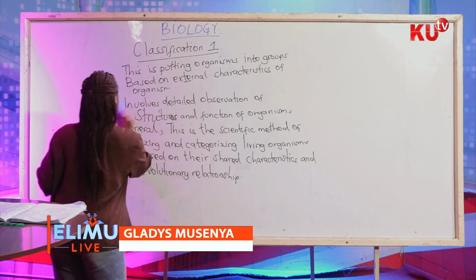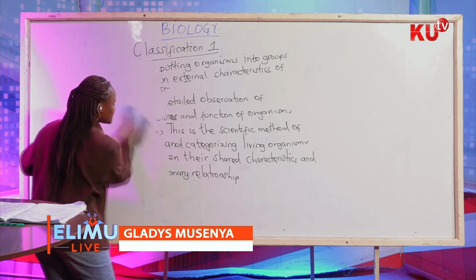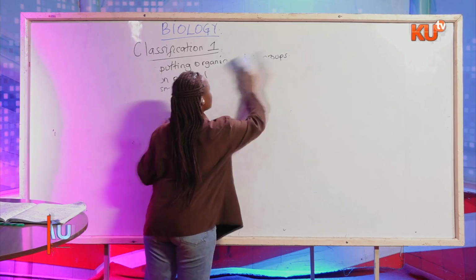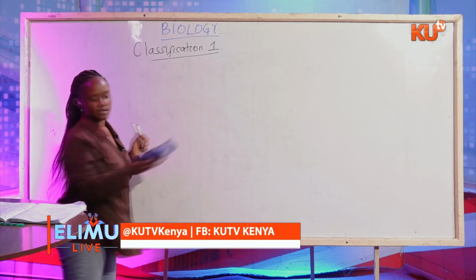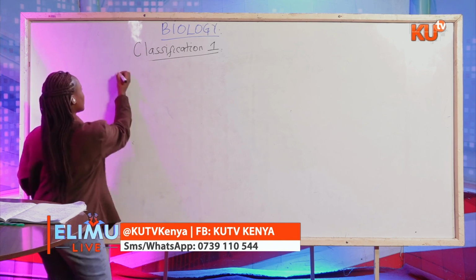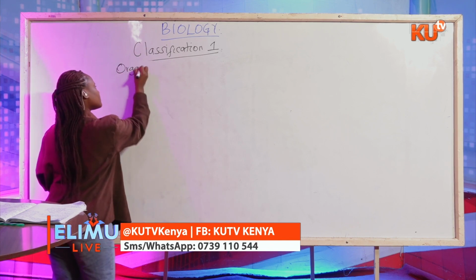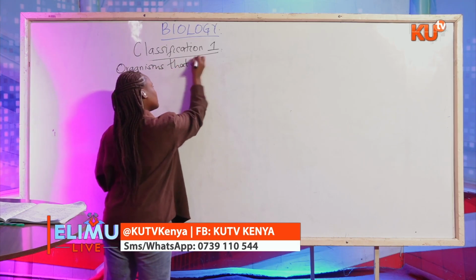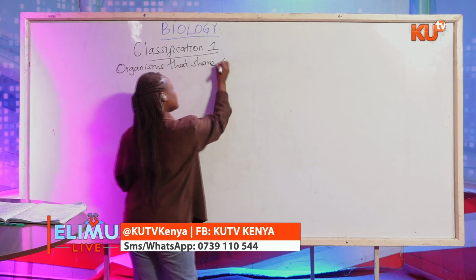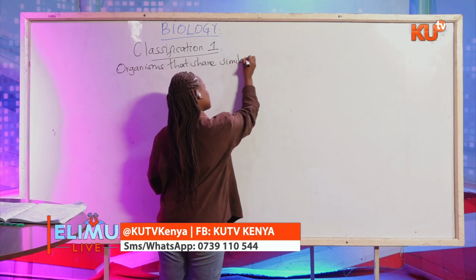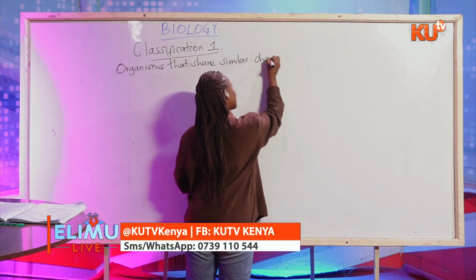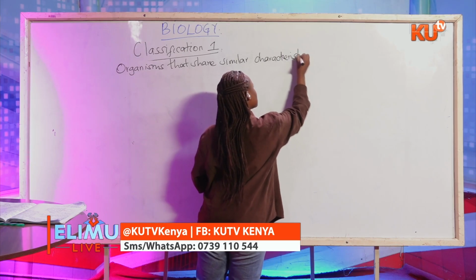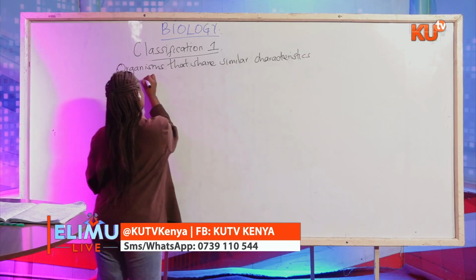Organisms that share similar characteristics are classified together.